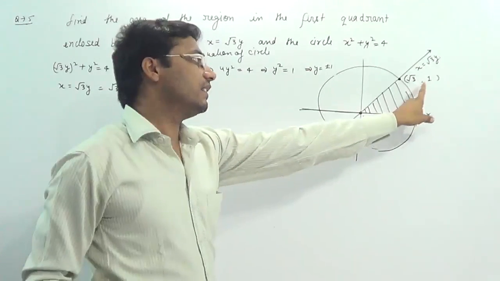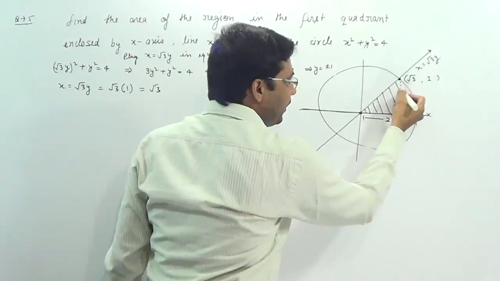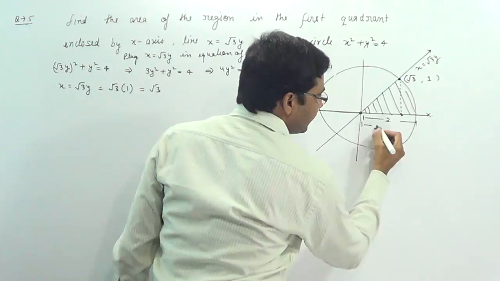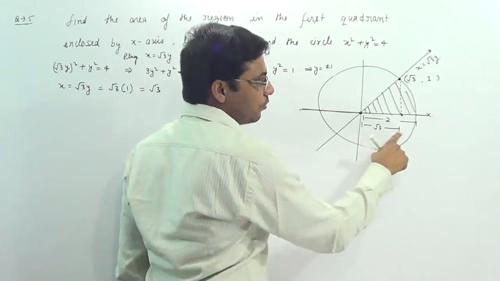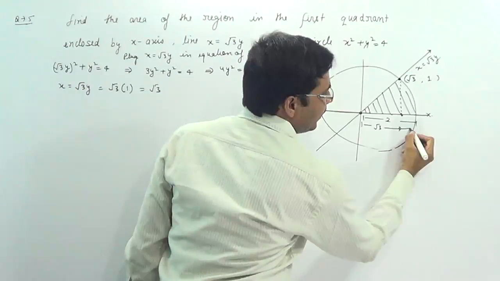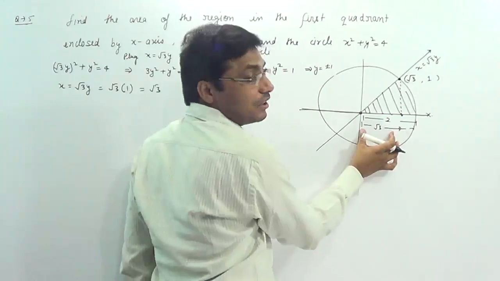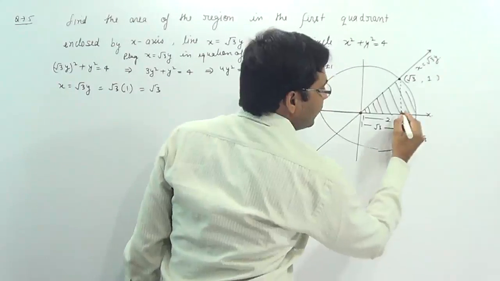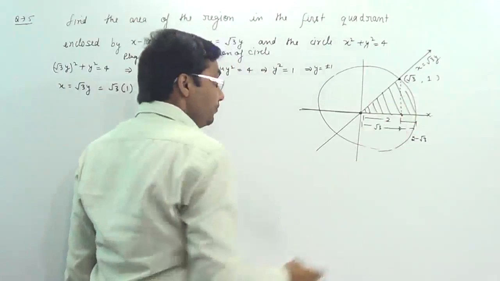First we write x, then y. So if we draw a perpendicular from this point, the value of x is √3. This is the distance from the origin to √3, and the whole distance is 2, so the remaining distance will be 2 − √3. This will be 2 − √3 because this is √3.